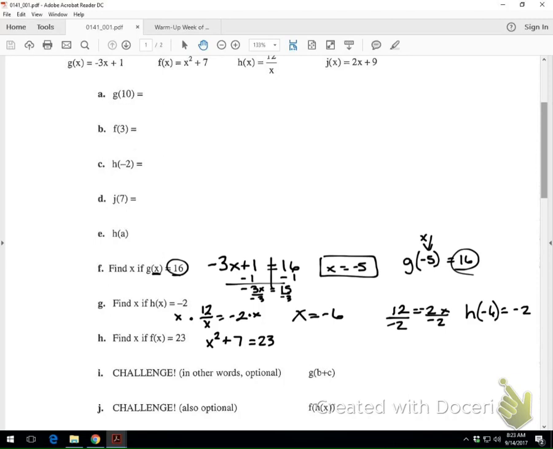Anybody get anything yet? Or close to it? And the reason why I say this one's tough is because of that x squared.